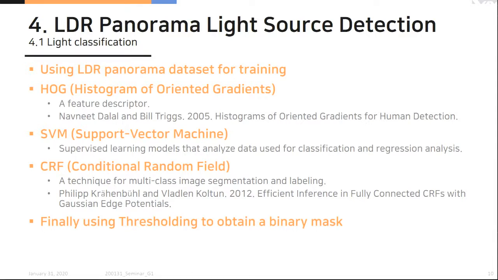So they used these techniques to estimate light from LDR images. I'm going to describe them briefly because these are, you see the descriptions, very briefly described. They used HOG first, a feature descriptor.